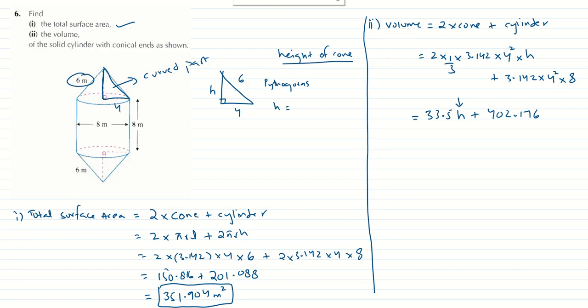As we know that h square is equals to b square plus p square. So using this formula, h will be equals to under root 6 square minus 4 square. So this will be 36 minus 16, under root 20. So height is under root 20.